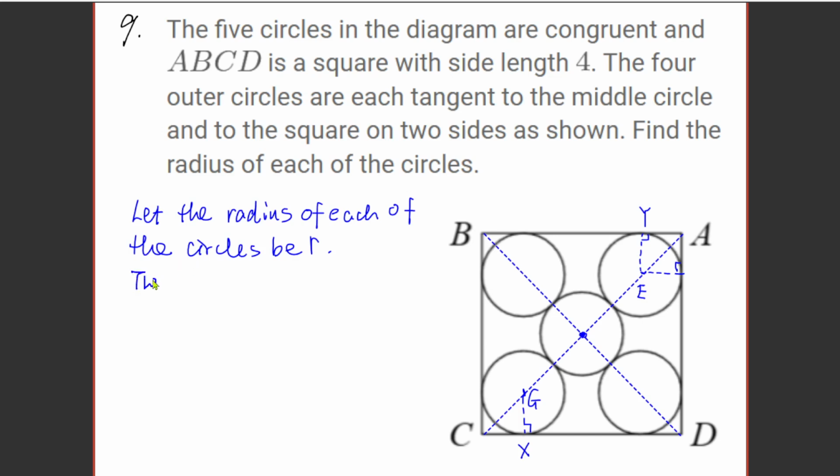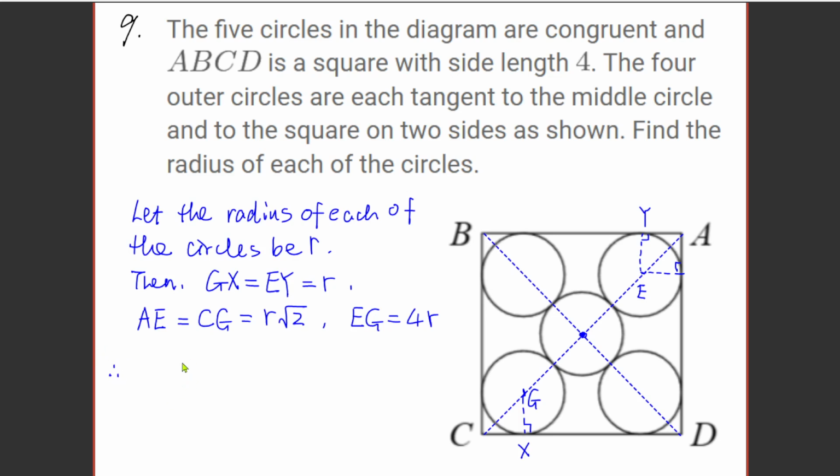Then we have Gx equals Ey equals R, and AE equals CG, which is R square root 2, right? Because they are in 45, 45, 90 triangles. We also have EG equals 1, 2, 3, 4, 4R, right? Because this segment includes one radius of each of the circles E and G and the diameter of the center circle.